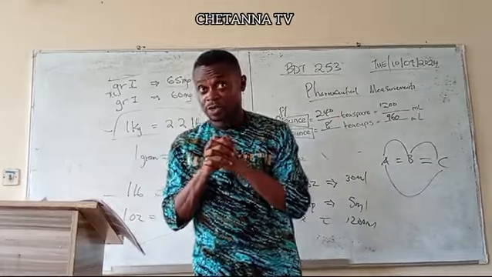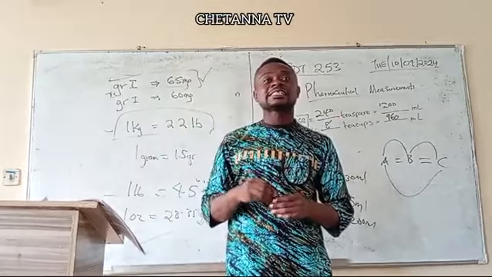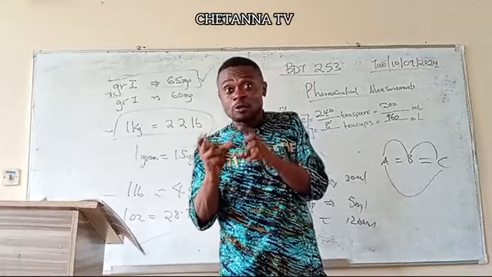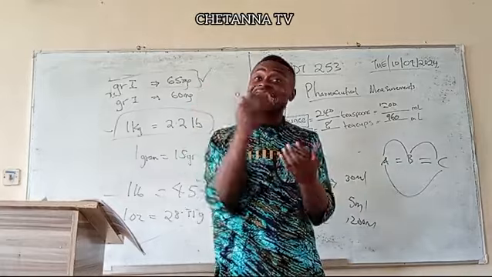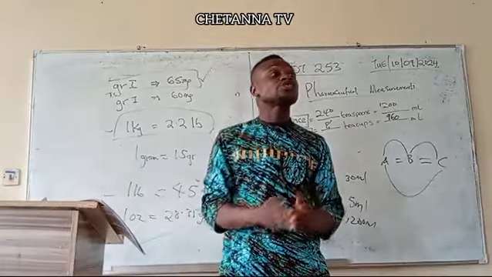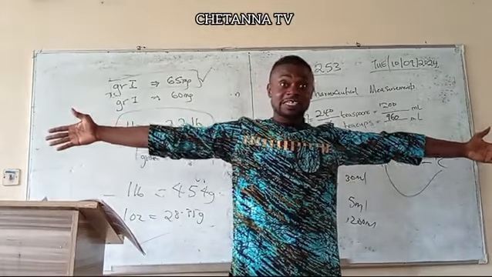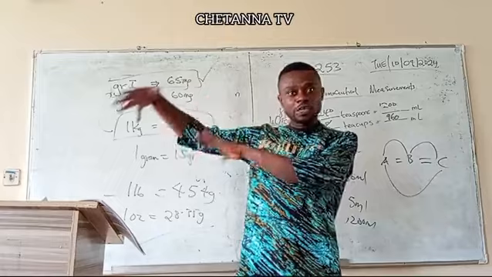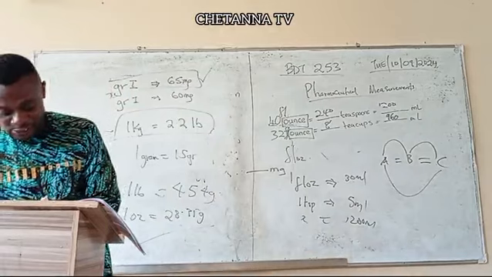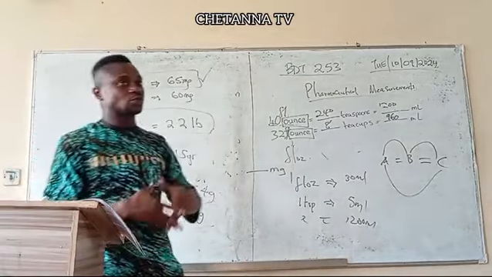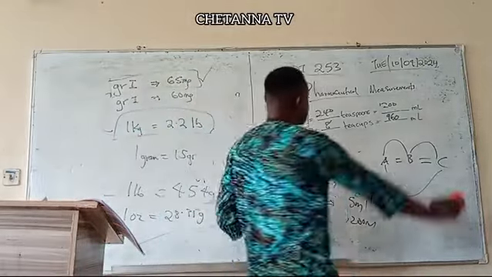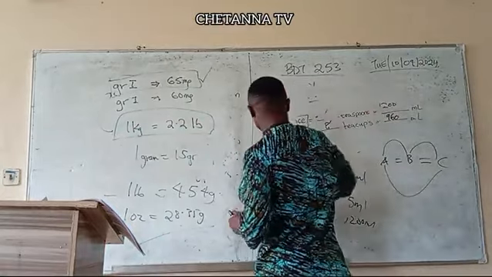If you try to force that balance to weigh that particular weight, you would commit an error above 5%, and it's a problem. Of course, there must be an error, but at least you should not exceed 5%. By the time we go into percentage error, you will understand what I mean. So these are methods of measurement I want us to look at. Let's take them one after the other.